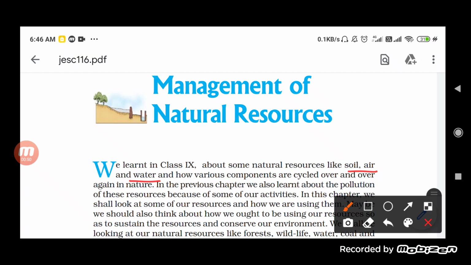And these various components are important. These are the abiotic components which basically help the biotic components. So that is what natural resources are.